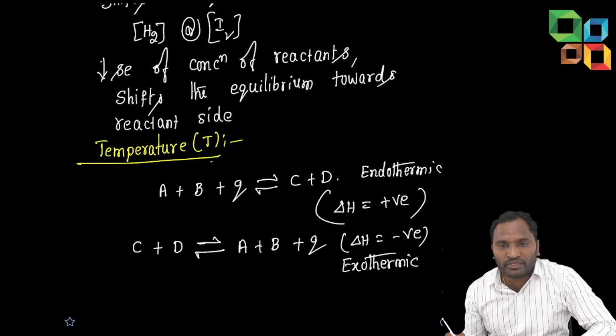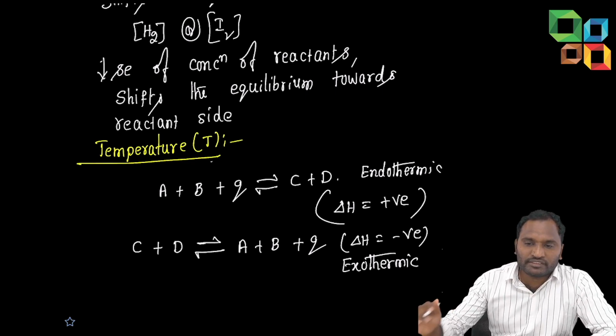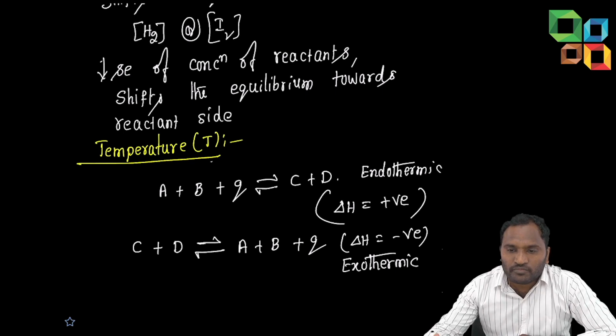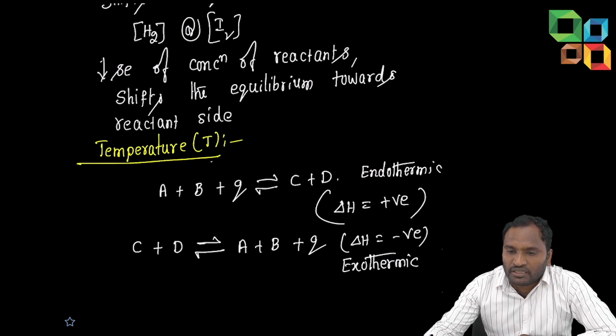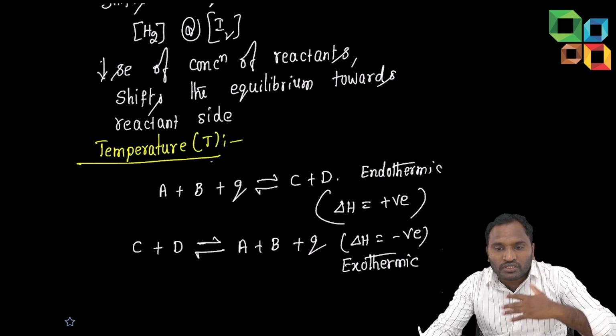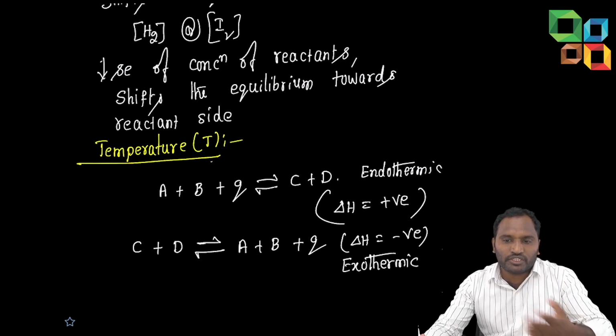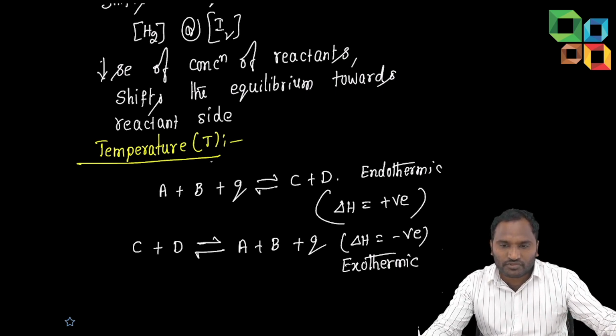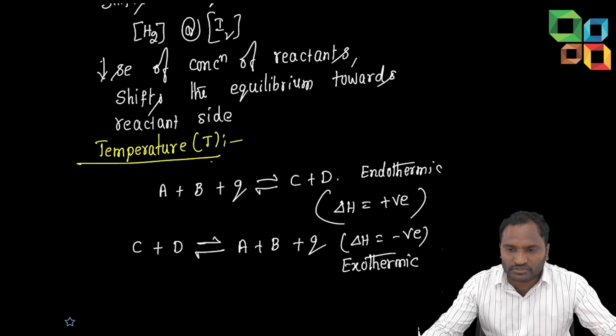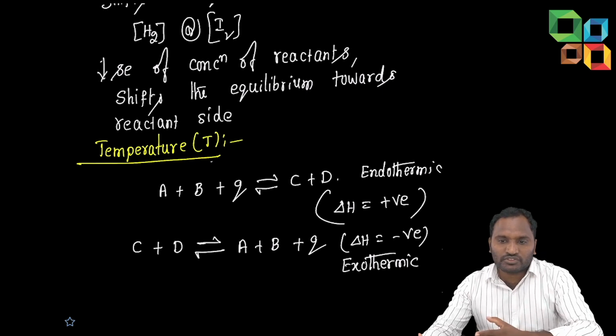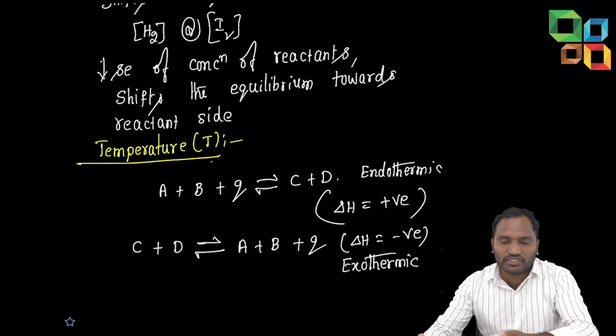So endo means, you remember students, entering, starts with En. Here also endothermic starts with En. Heat is entering. After entering the heat only, the reaction is proceeding. So endothermic reaction. Exothermic, exit, giving out or coming out. Exothermic also starts with Ex.